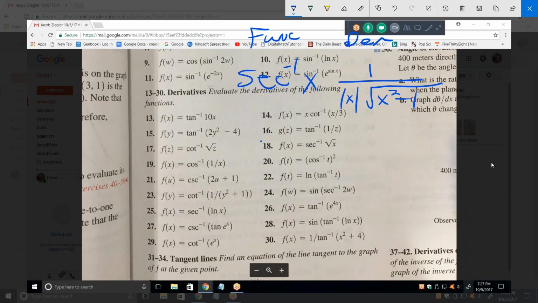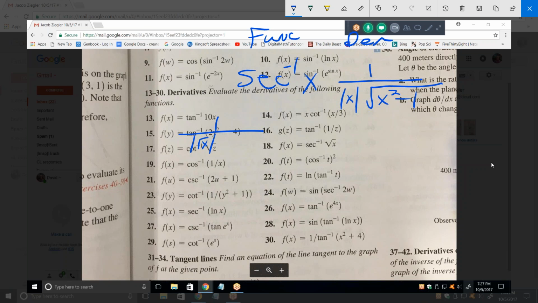Okay, let's do this one, 18. Hold on. So first off, it would be the derivative of the outside. Yeah, so it'd be 1 over the square root of x, because it's unchanged, absolute value of square root of x.